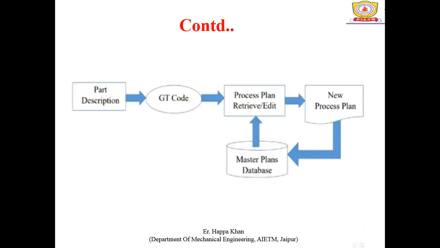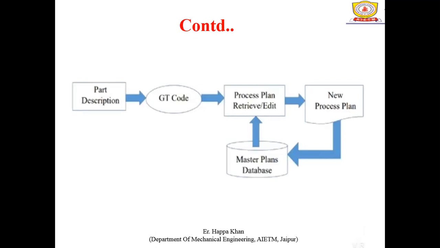According to this diagram, the part description will be there. Part description is the geometric parameter and manufacturing parameter. On the basis of its geometric and manufacturing parameters, you will generate a group technology code and enter it inside the system, so that the system consists of different process plans.